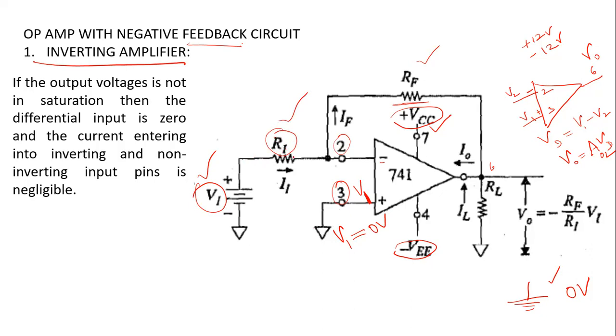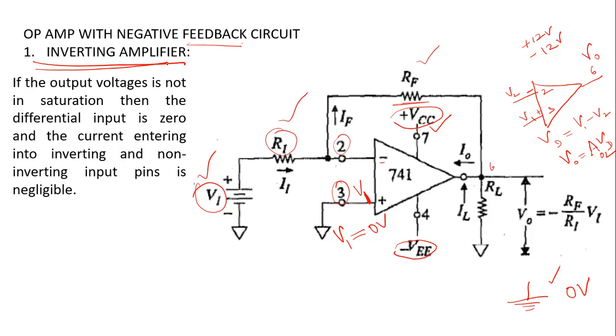RI is called the input resistance. Via this input resistance, you are supplying your input voltage to pin number 2, the inverting input. When you are giving the input signal to the inverting terminal, pin number 2, the configuration shown here is known as the inverting amplifier.